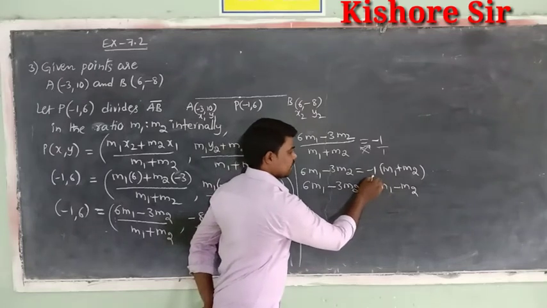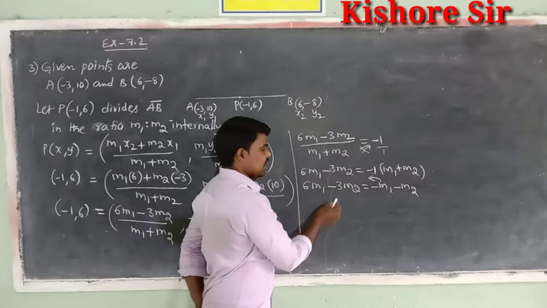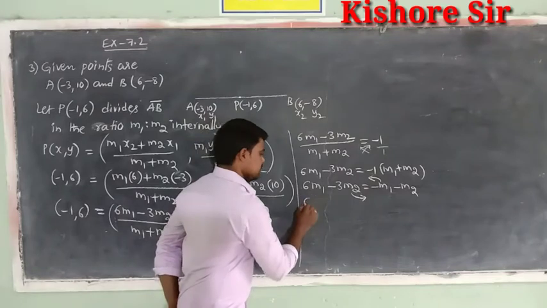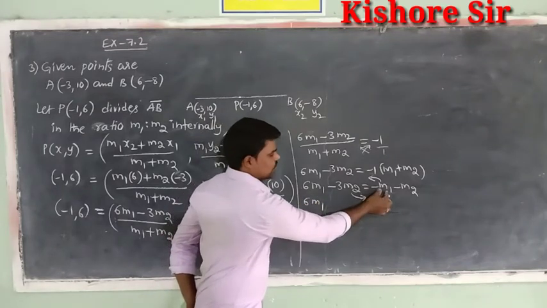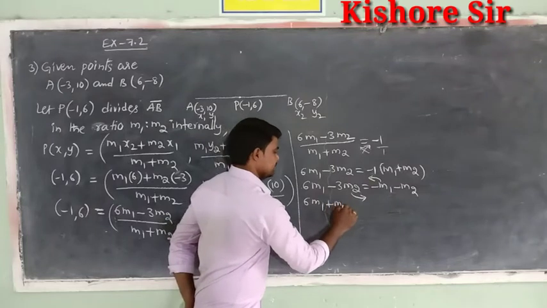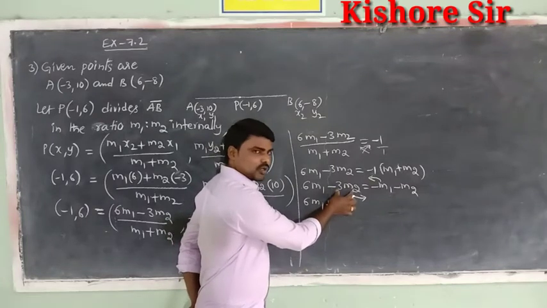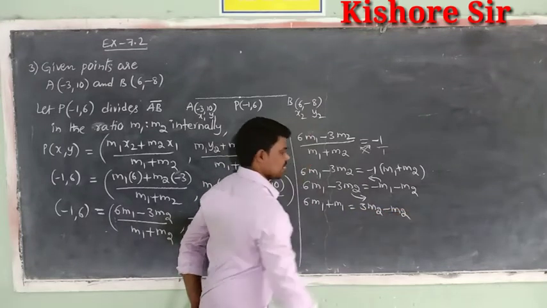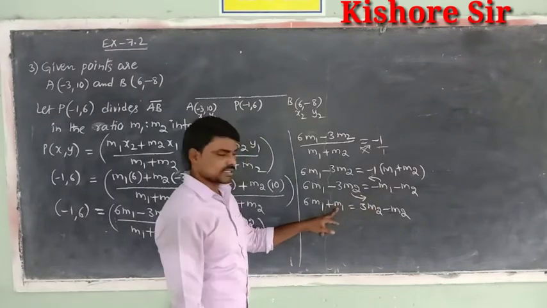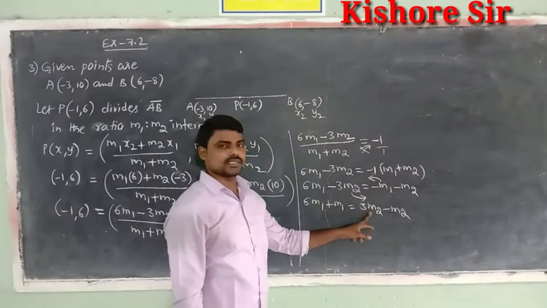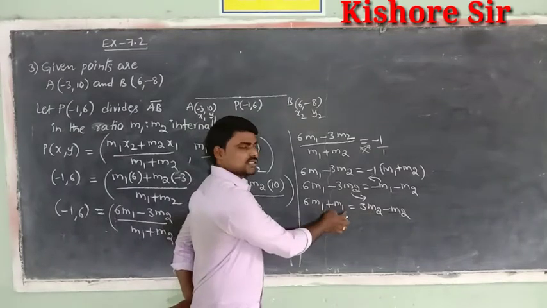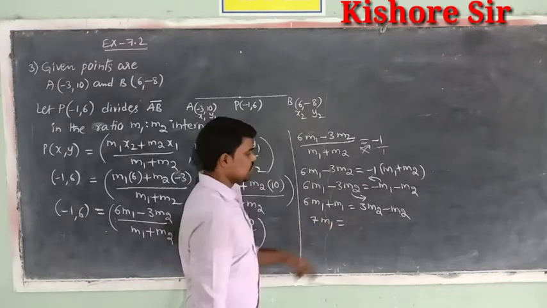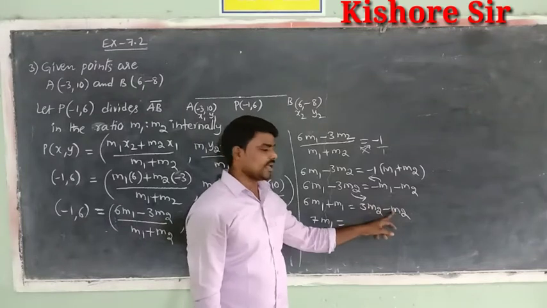So -m1 becomes +m1, and -3m2 becomes +3m2. So 6m1 + m1 is 7m1, is equal to 3m2 - m2, which is 2m2.